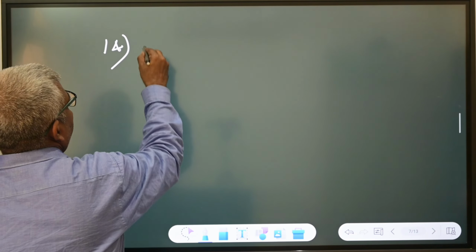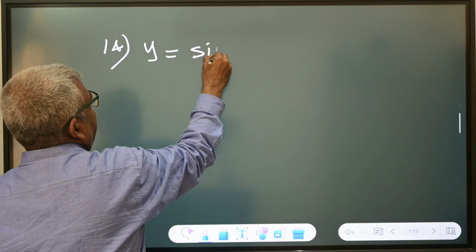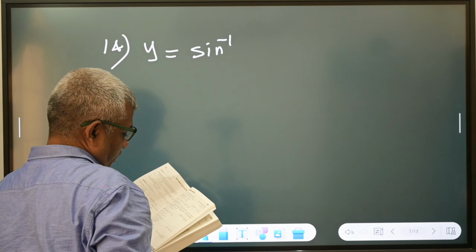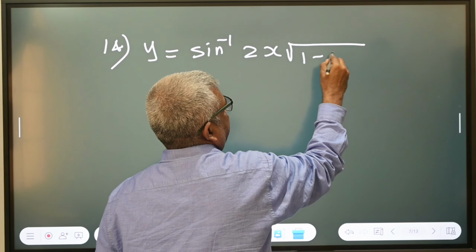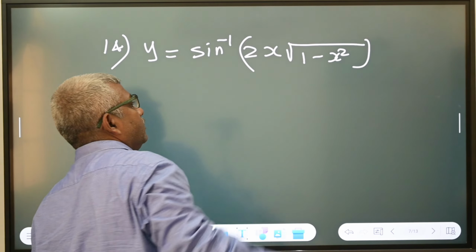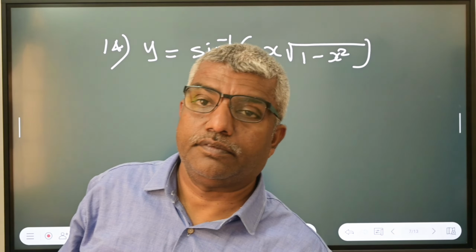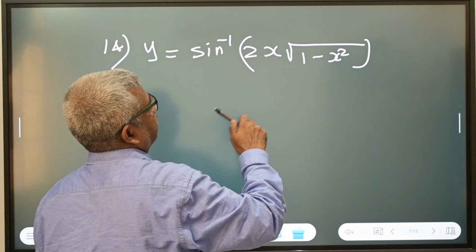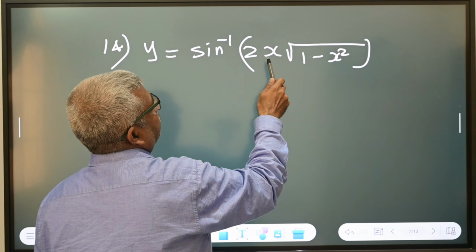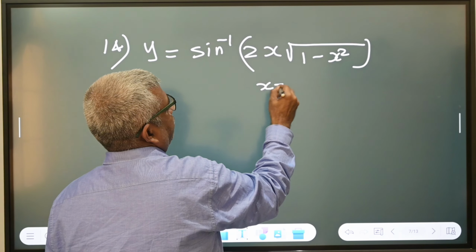Question 14 is y equal to sine inverse of 2x root of 1 minus x squared. This is the sine 2 theta formula. Let x is equal to sine theta. Here x is equal to sine theta.